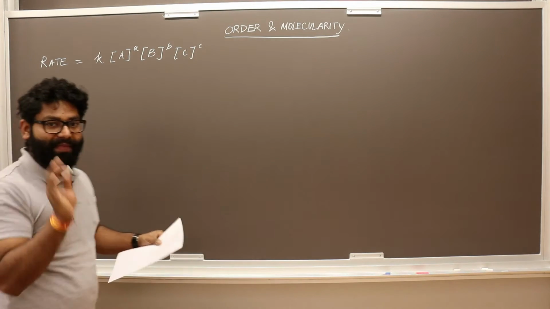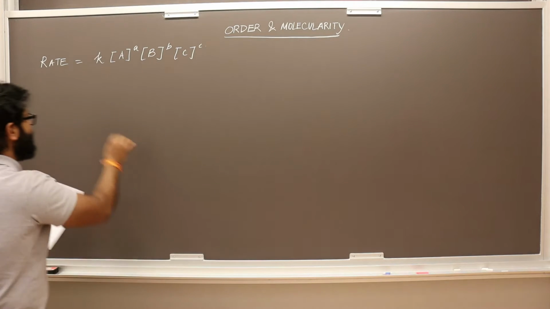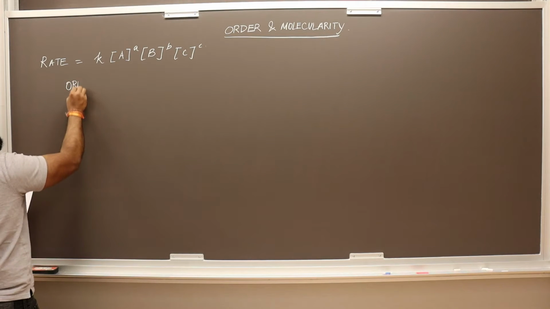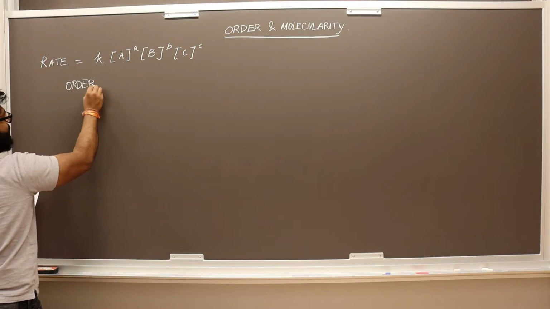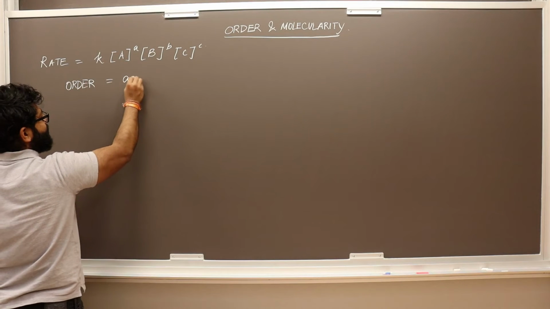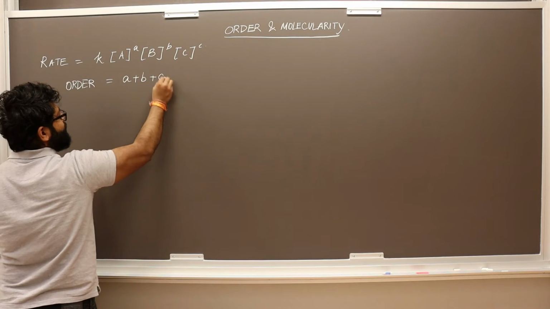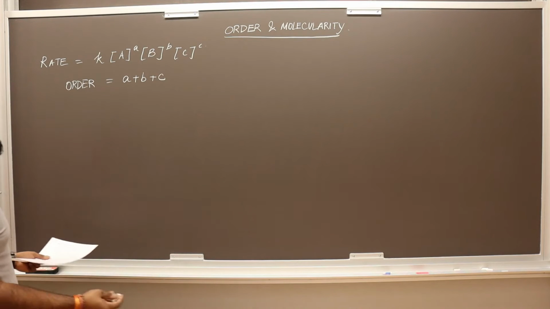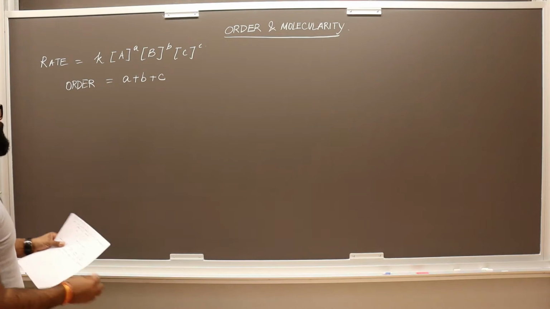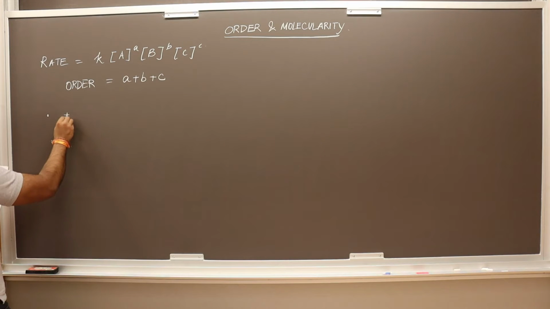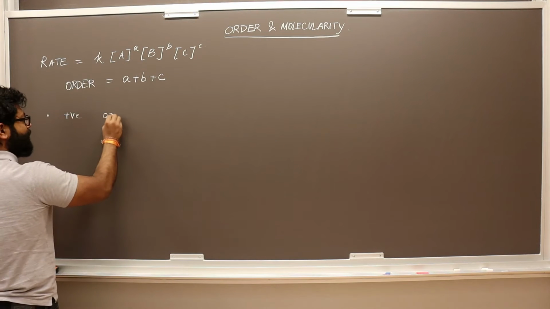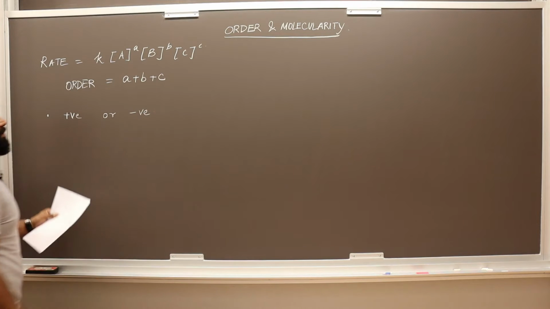If this is the rate law that is given to you, then the order of the reaction becomes the summation of these exponents, right? Whatever that is. These can be positive or negative numbers.